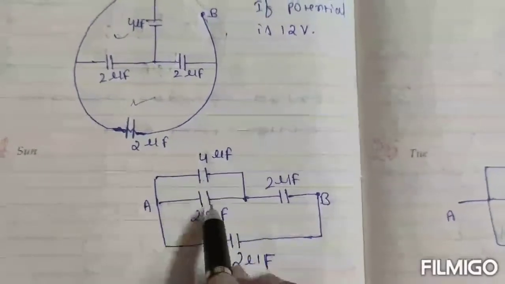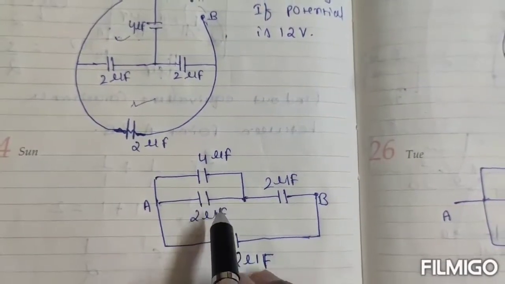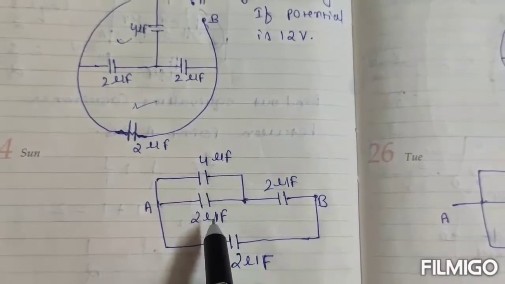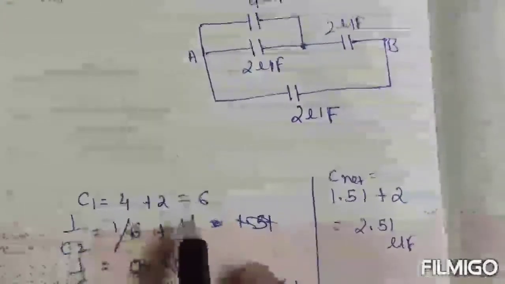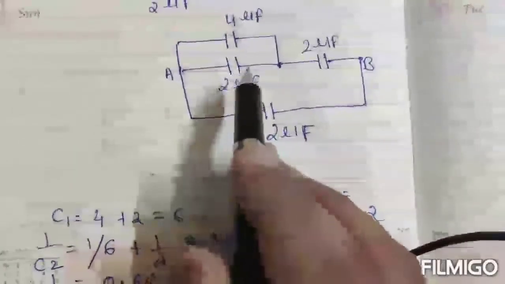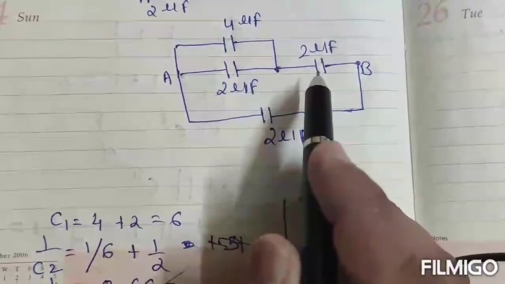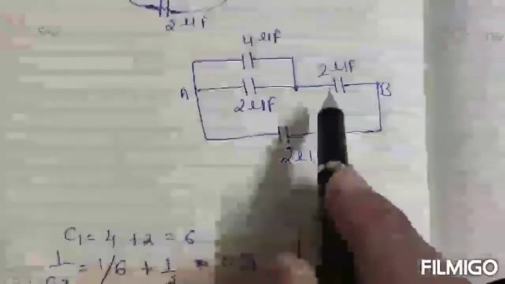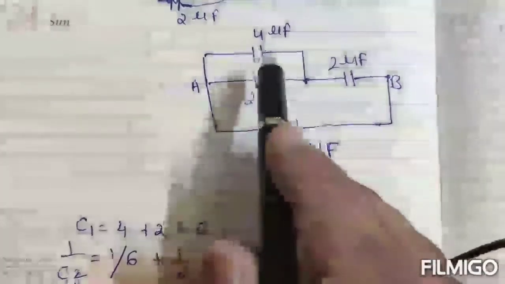How will I solve? These two are in parallel, right? So 4 plus 2 is 6. So C1 equals 4 plus 2 equals 6. 6 is in series with 2 microfarad. This one I have taken as C1, and this section I will take as C2.